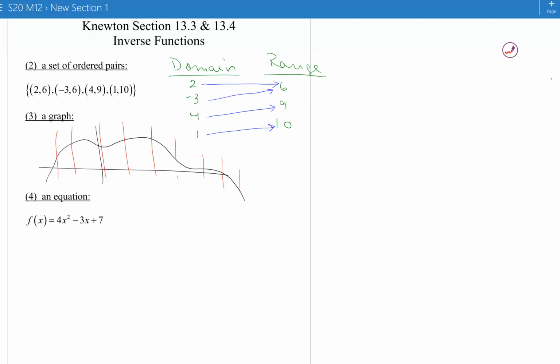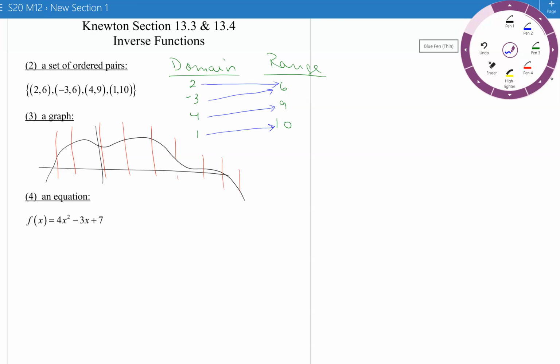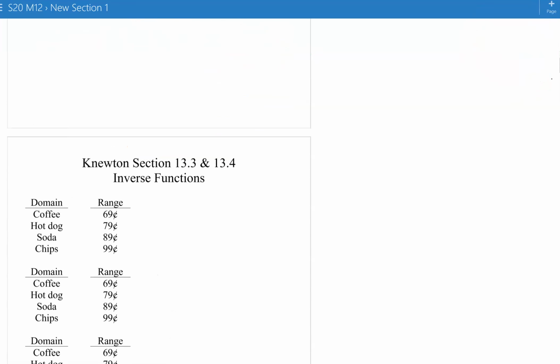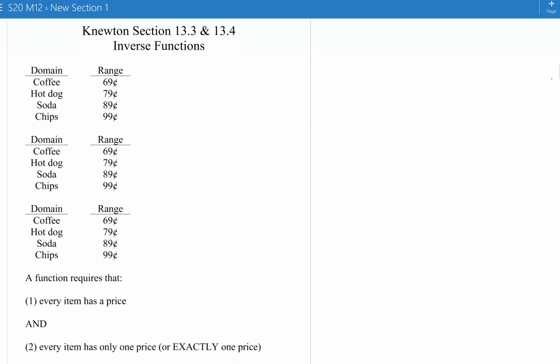And then we had equations, which is probably the most familiar way of seeing a function represented. So we started out by looking at maps, and we said as long as each item has one price, we're good, but if one item has more than one price, then this is not a function.